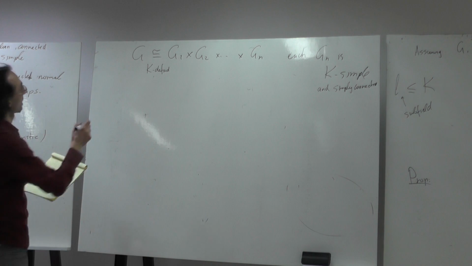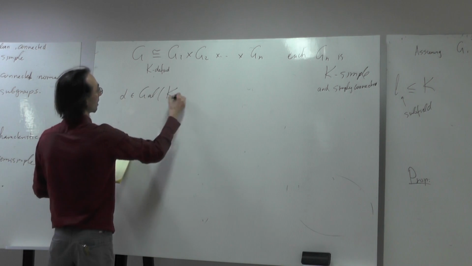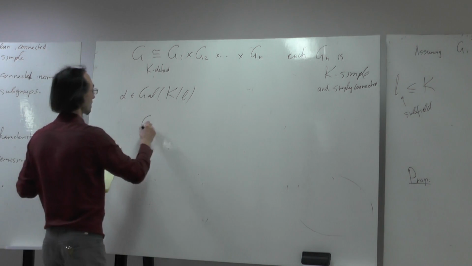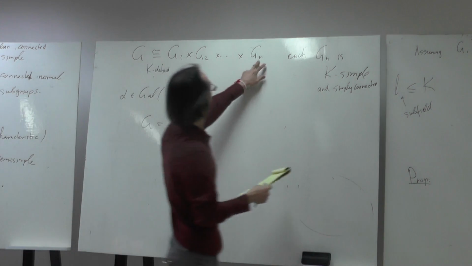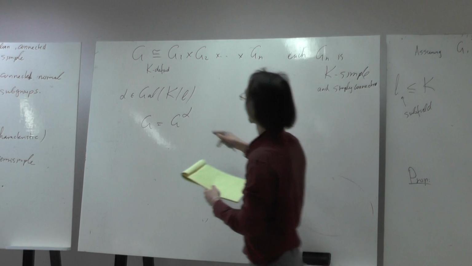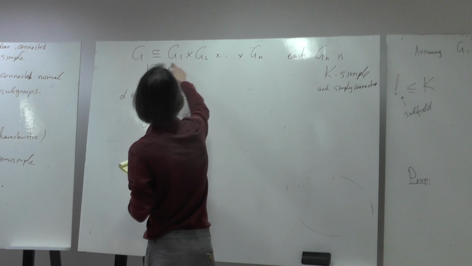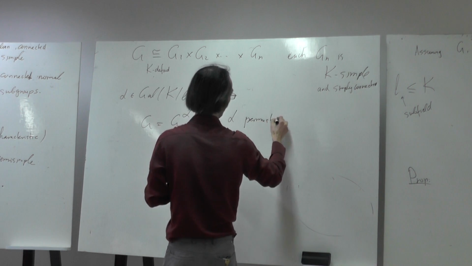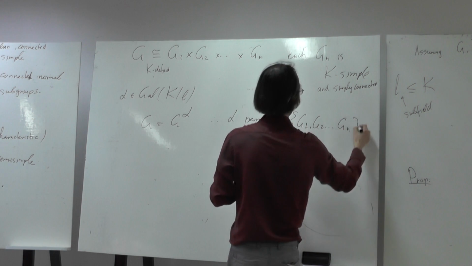Okay, but then if I take any element alpha in the Galois group fixing L, then because G is the same as G alpha, after all G is L-defined, these factors are unique after reordering. So I deduce that alpha permutes these factors G1, G2, and so on among themselves.